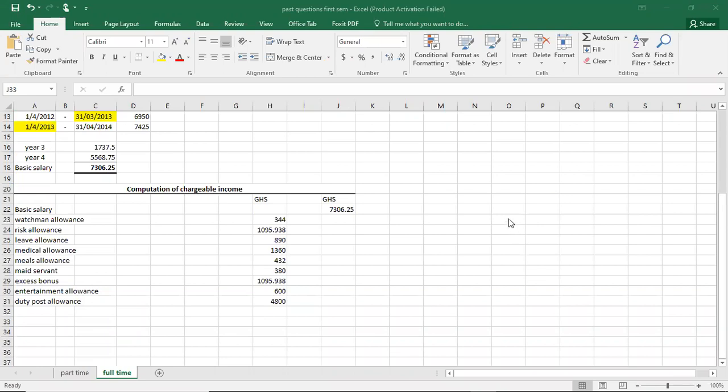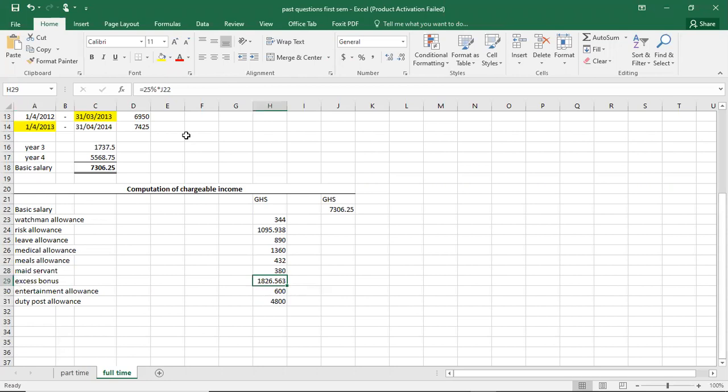Any bonus that is more than 15%, the excess of it appears over here as an excess bonus. So this person is given a bonus of 40%, and by law, 15% is what is recognized as the standard. So we will take the 15% as the standard, and the rest of the 25% will be used here as excess bonus. So 25% of the basic salary comes here as excess bonus.